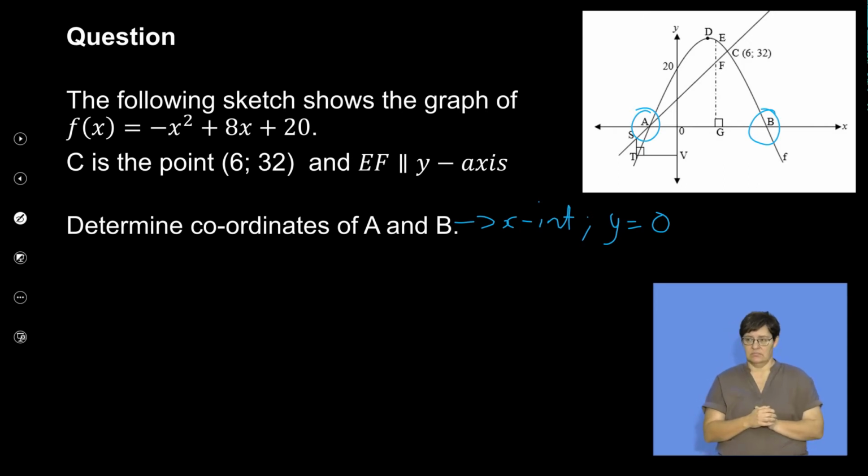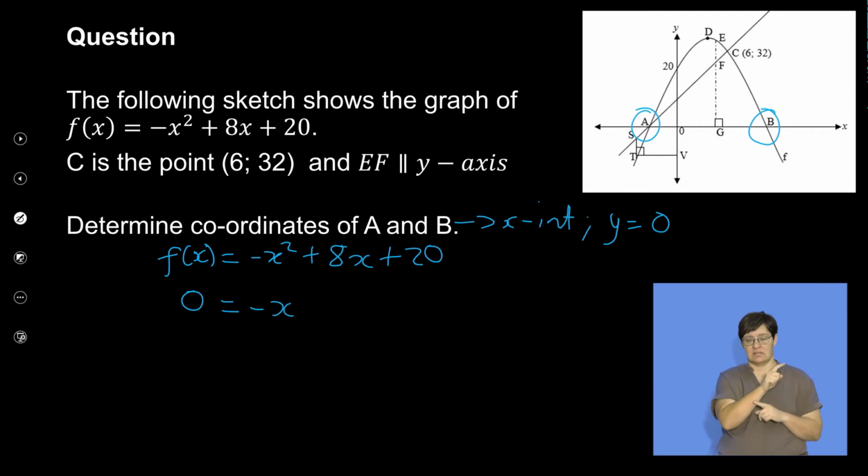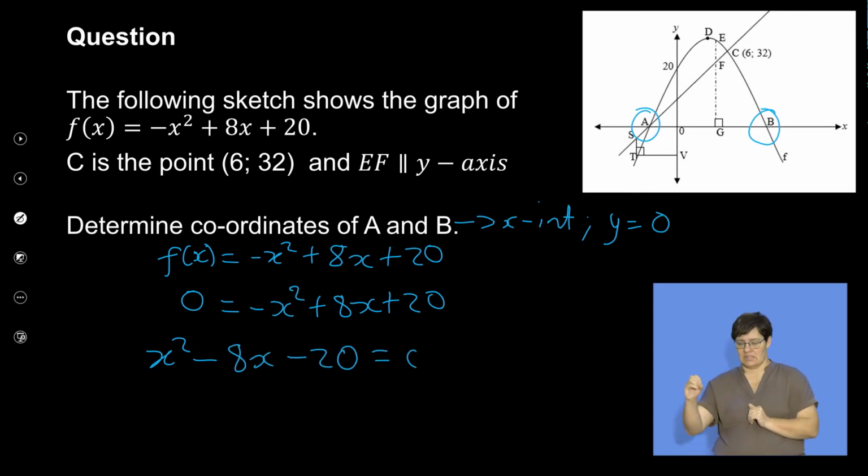So f of x equals negative x squared plus 8x plus 20, and this must be 0 because we're talking about an x-intercept. I want my x squared to be positive, so I'm taking it to the other side, or I'm just dividing by a negative. This gives x squared minus 8x minus 20 equals 0.